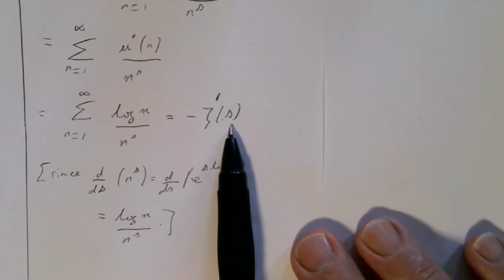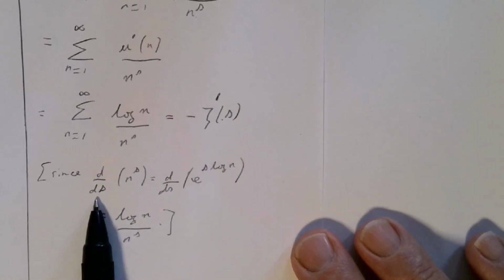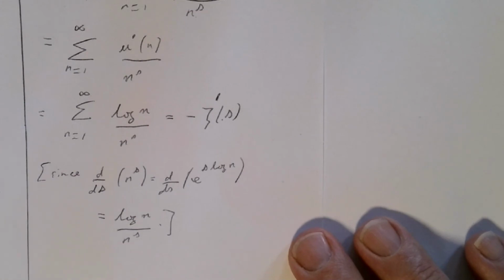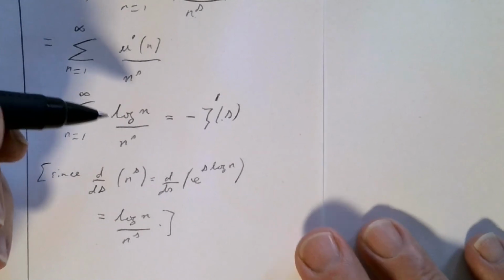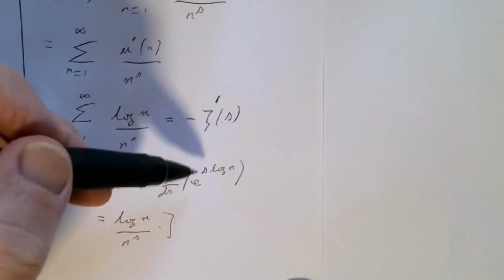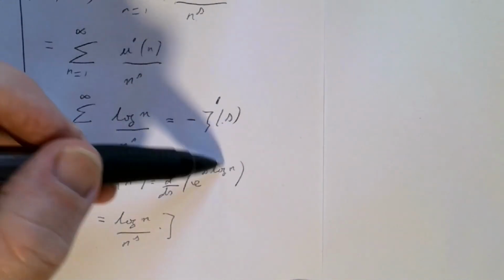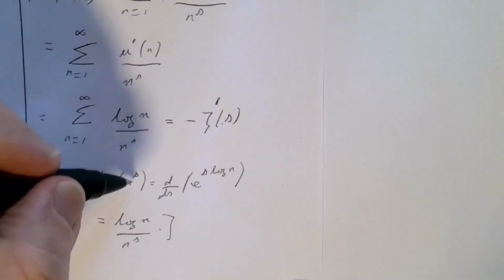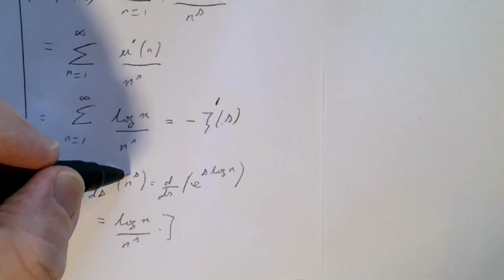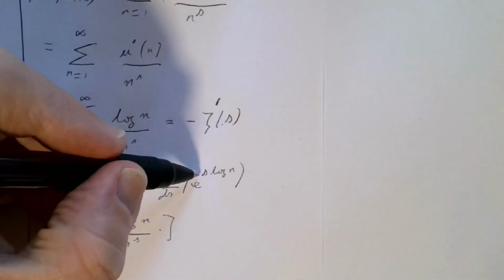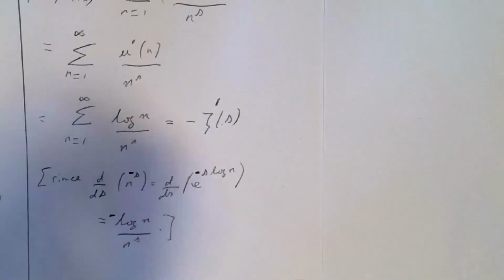Just to convince yourself there, if you want the derivative of n to the s, then that's the derivative of e to the s log n, and that's just log n times e to the, sorry, I really meant a minus in here. So this is just minus there, and this is minus here.